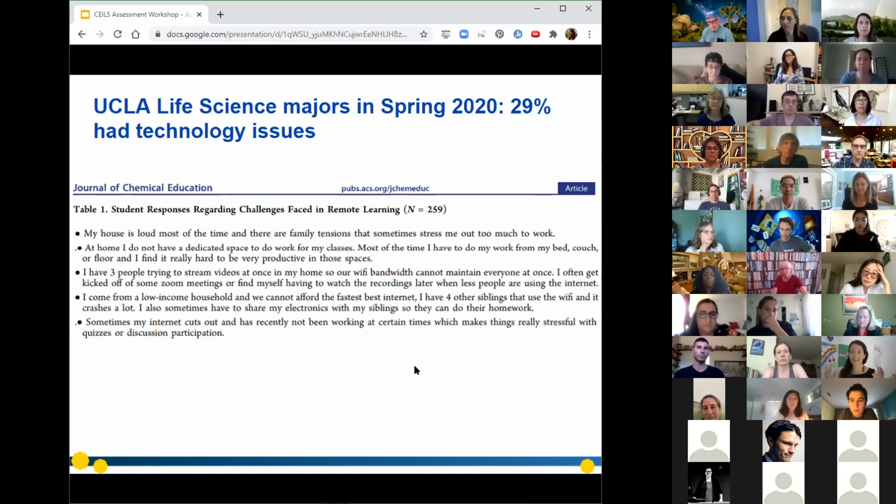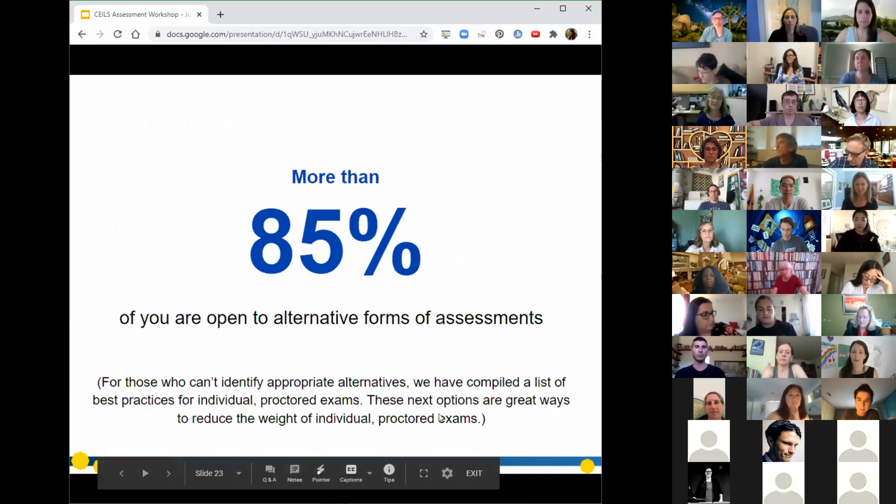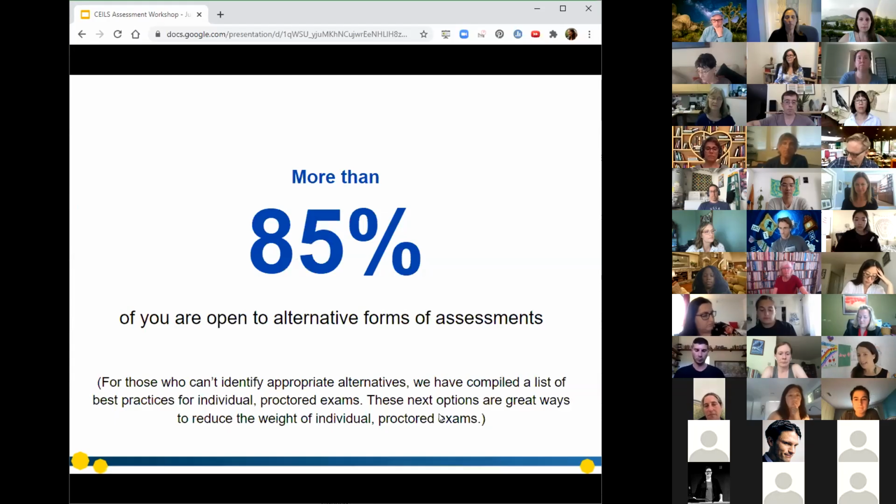And I want to clarify, this doesn't mean that we need to make everything easier for everybody. It means we want to find assessments that let people learn and demonstrate their learning in other ways, in addition to timed exams if you need to do those. In our survey from the beginning, more than 85% of you said, okay, I'm open to alternative forms of assessment.